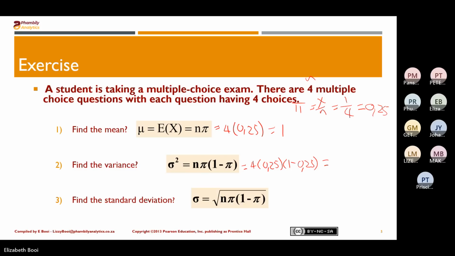Okay, so from my calculator, it is 4 times 0.25 times 1 minus 0.25, which is 0.75. And it is equal to 0.75.